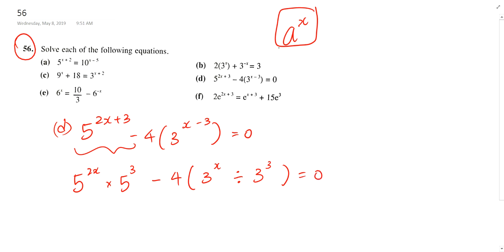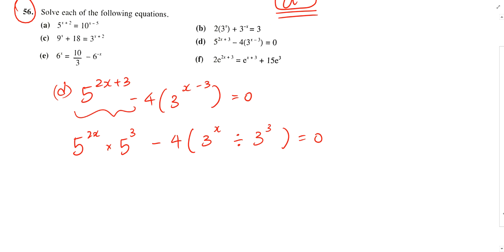So you see, I am always trying to make this come out. Here I've got 5 to the power 2x. Is it the same as 5 to the power x? Obviously not. So how do I make the 5 to the power x appear?